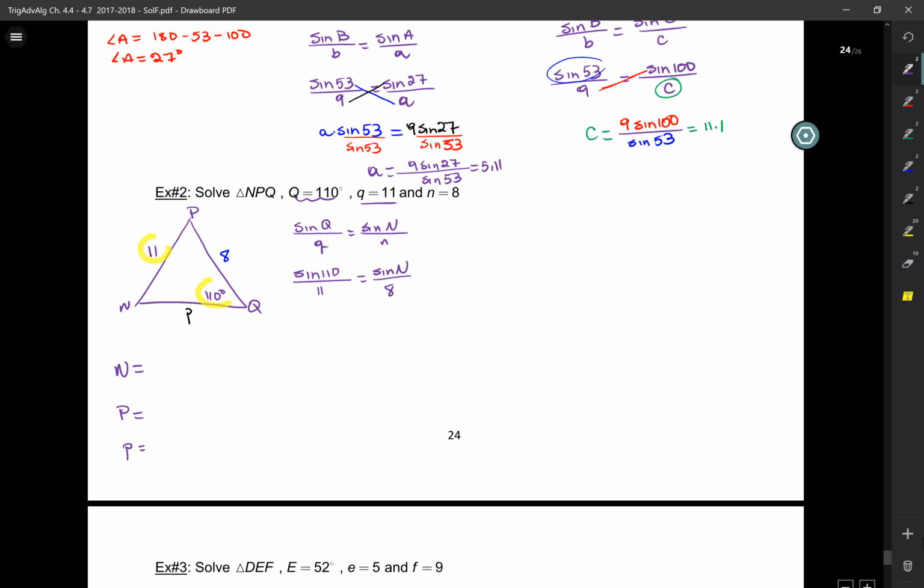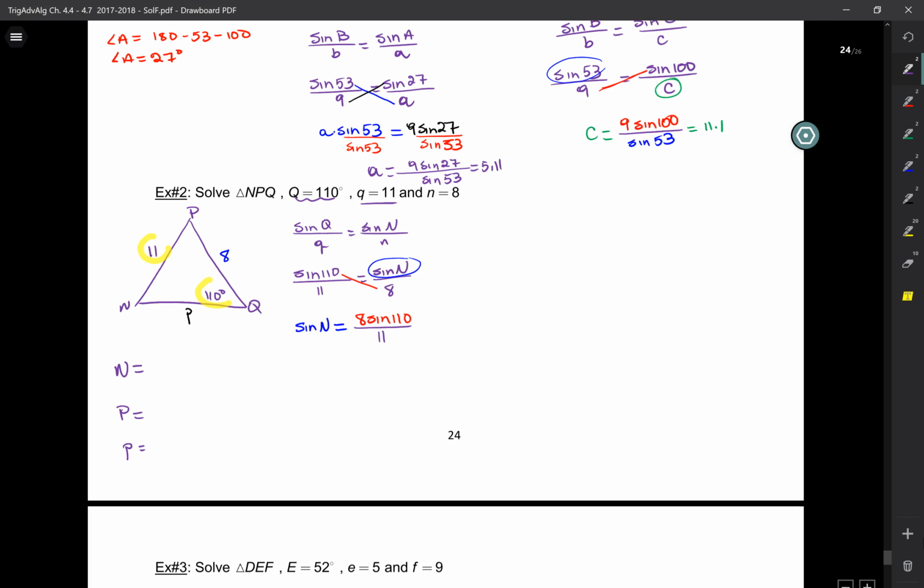Okay? All right. So let's see what it is that we're looking for here. Well, we're looking for sine of N. Okay, that's the unknown. Well, now let's find a way to solve for that. So it's going to be sine of N is equal to, where is the diagonal where everything is given to us? It's that red one. So 8 sine 110 divided by, which one is it that I haven't used yet?